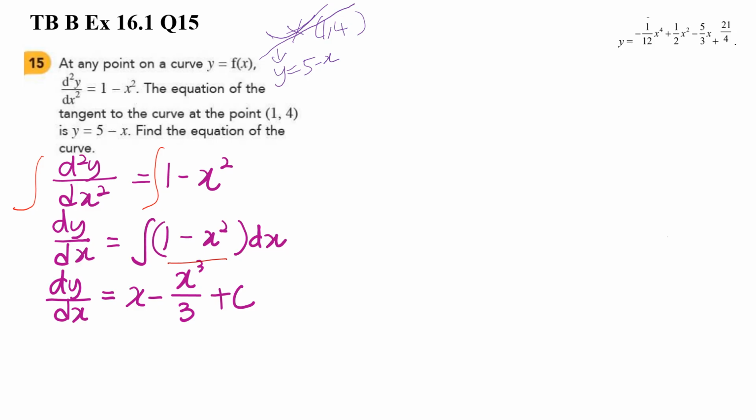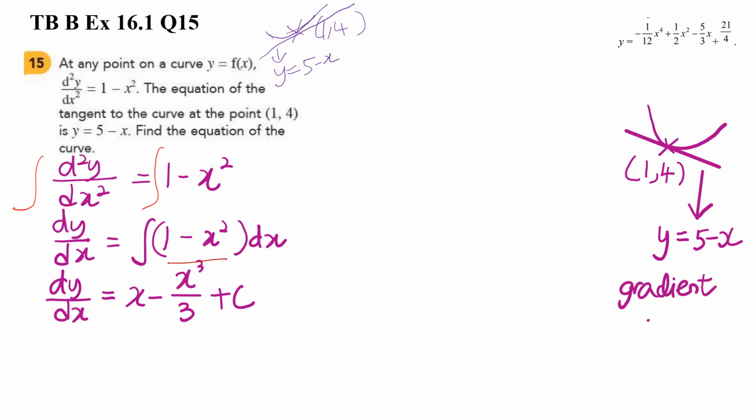Yes, you are told that there's a particular point, as what I've drawn, but here I drew it again. So the gradient is -1, and this -1 is actually your dy dx.